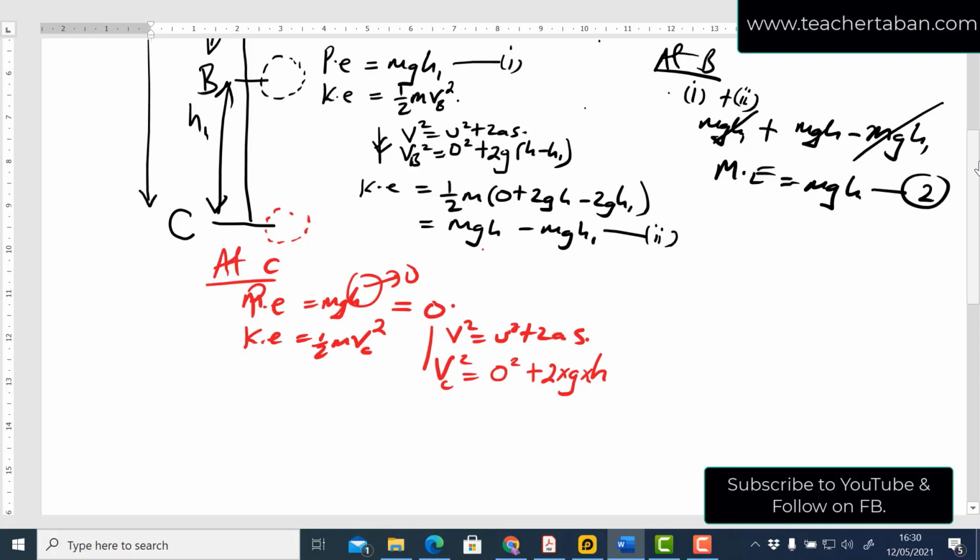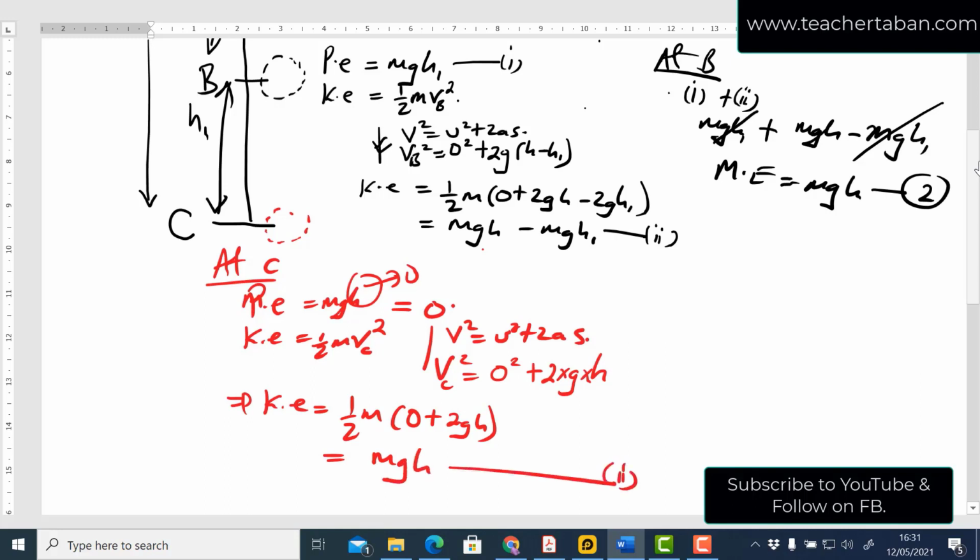This will give us our kinetic energy being equal to a half m into 0 plus 2gh. When you simplify this, you'll simply have this as mgh, and that is our Roman 2.